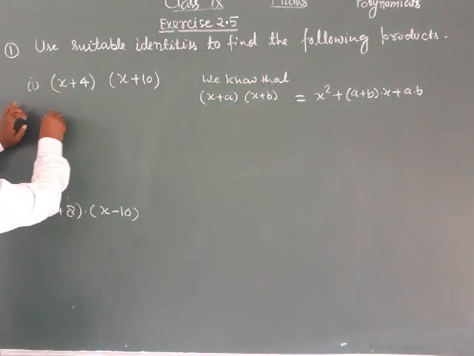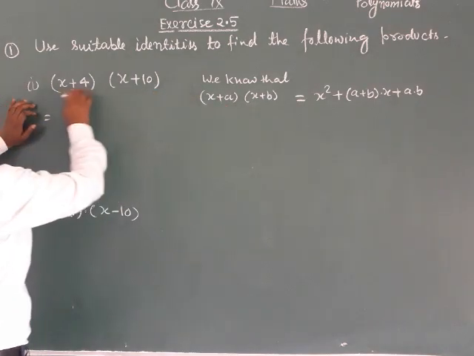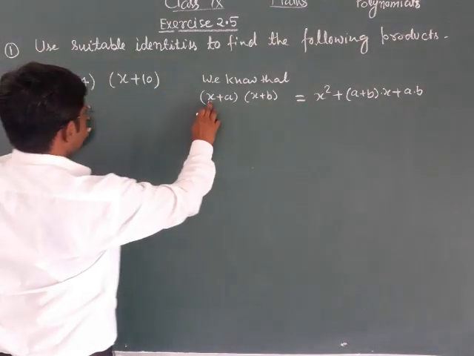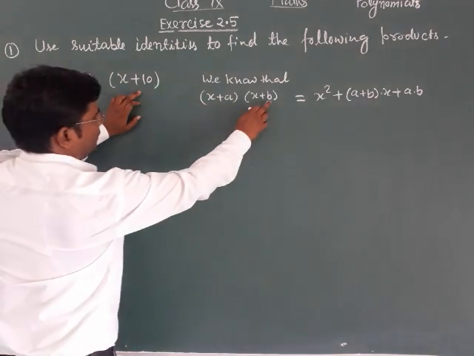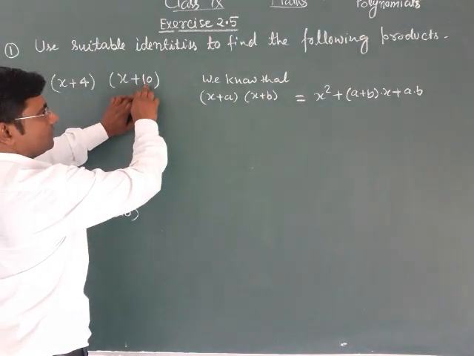So according to this identity, this is x, a is 4, and b is 10.